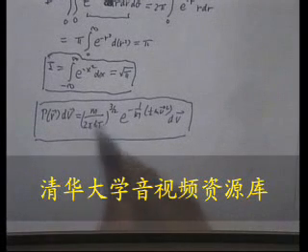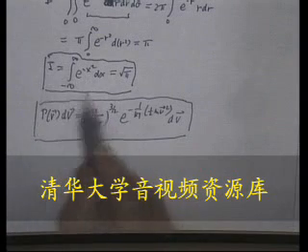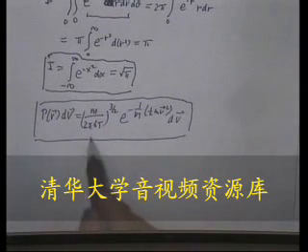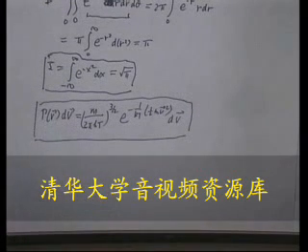You may not remember this constant, but if you remember this formula, you can easily evaluate this constant given the fact that the integral of this probability has to be equal to 1.